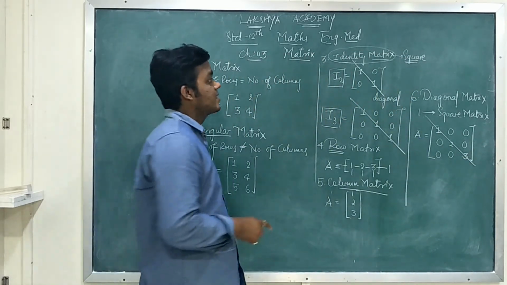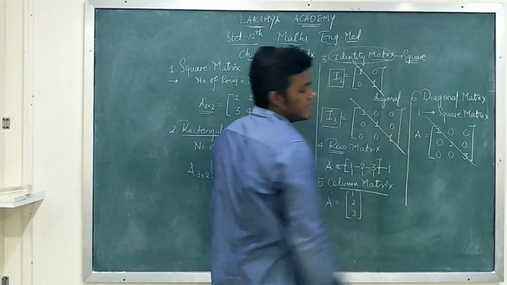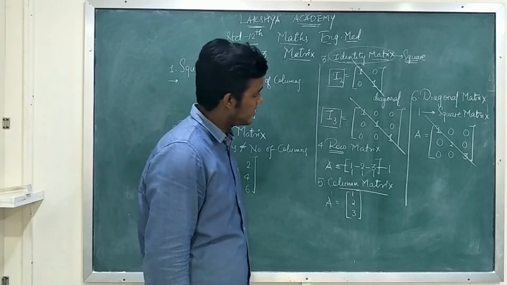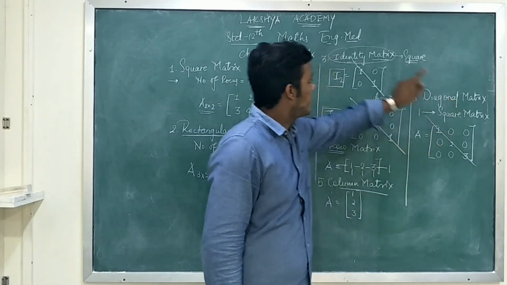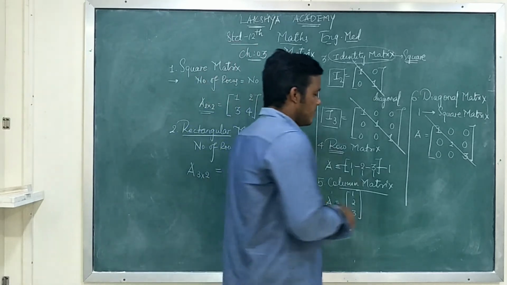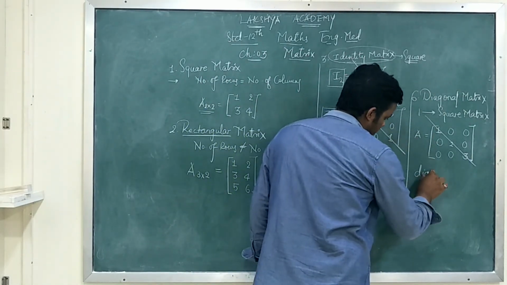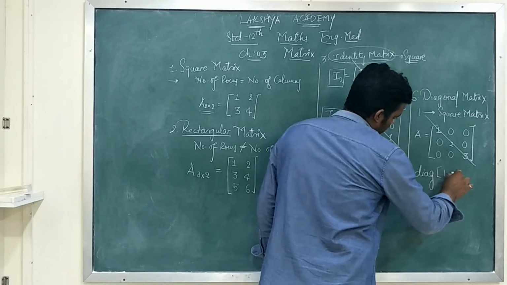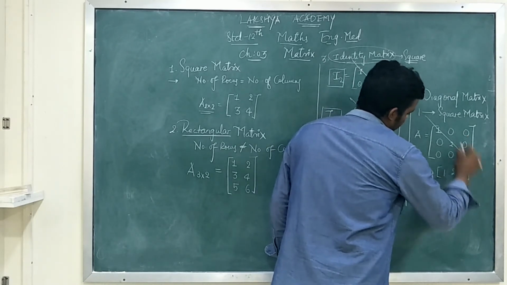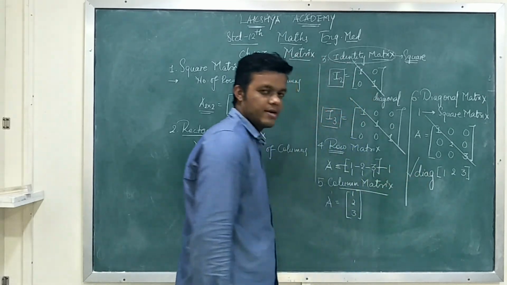So you can say that every identity matrix is a diagonal matrix, but you cannot say that every diagonal matrix is an identity matrix. The vice versa is not possible. And this matrix can be denoted by diagonal 1, 2, 3. This is the representation of a diagonal matrix.